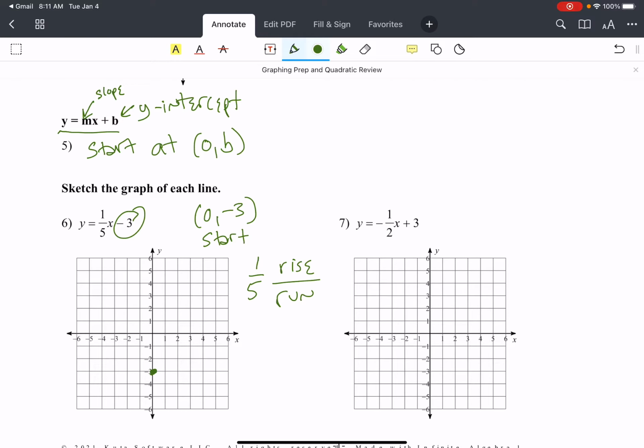So I'm going to start at my 0, -3, and I'm going to go up 1 and over 5 before I plot my next point. My rule is if I draw my line in the wrong spot, I just make my dots bigger. Now it's perfect.